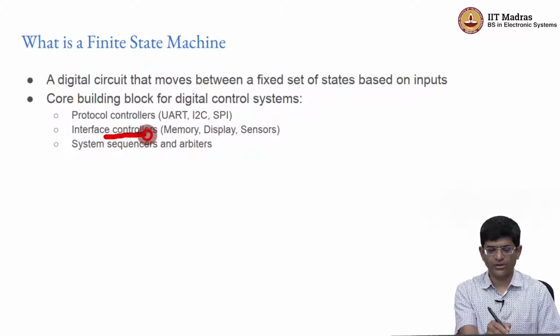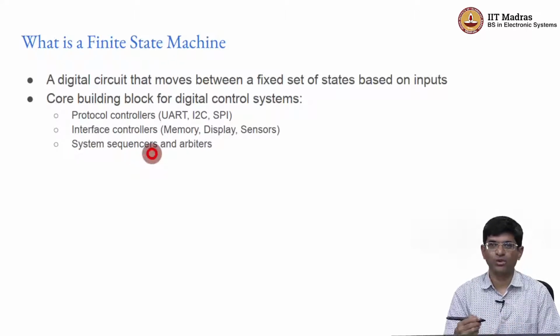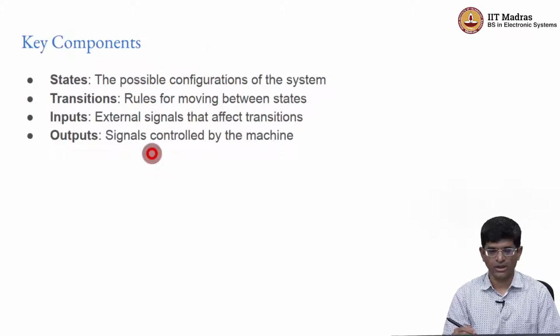In general, a lot of interface controllers, such as those used for configuring memory, displays, sensors and so on. And in general, any kind of system sequencer, something where you want to take your system or circuit through a sequence of different transitions. All of these are places where a finite state machine is a suitable kind of controller and makes an appearance.